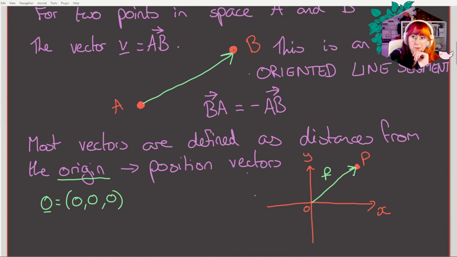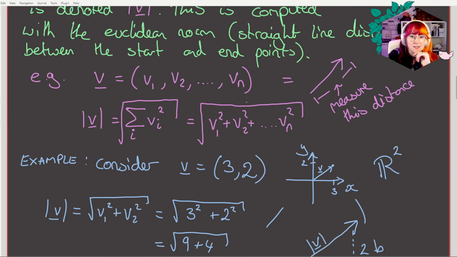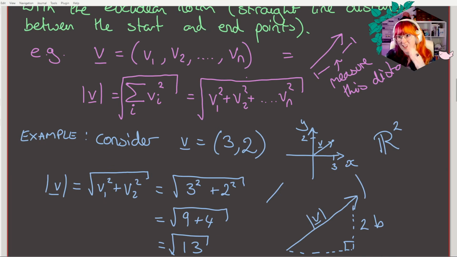You can describe them as ordered line segments, oriented line segments even, so going from one point to another. And you define the size of them using like Pythagoras, or more generally the Euclidean norm, by squaring all of its elements. So that's a point I should say.